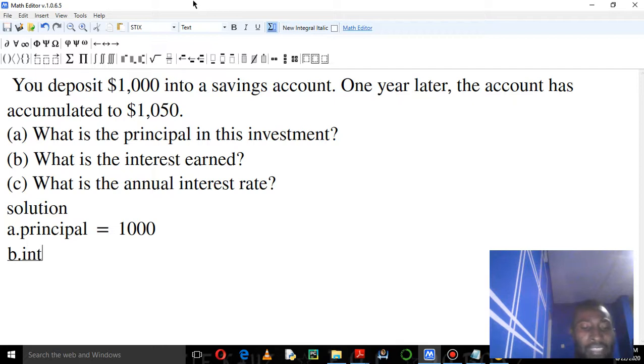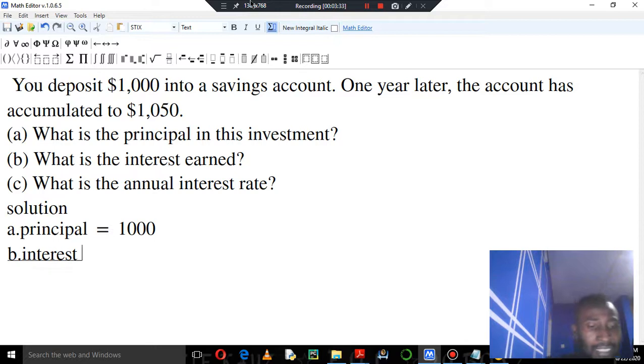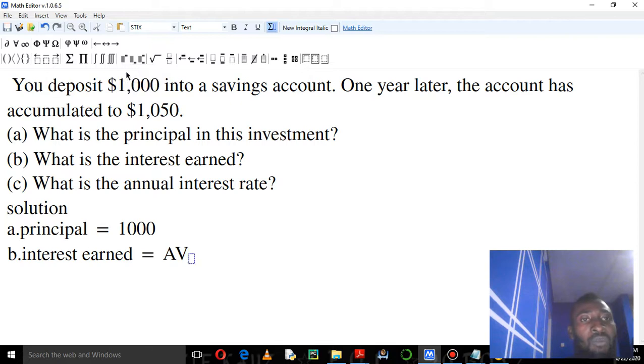Question B is, what is the interest earned? I gave you a formula. Interest earned is equal to the accumulated value at the end of the period, which is AV subscript t plus s, minus the accumulated value at the beginning of the period, which is AV subscript t.